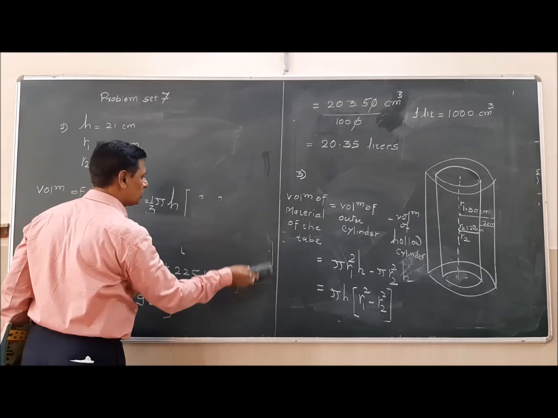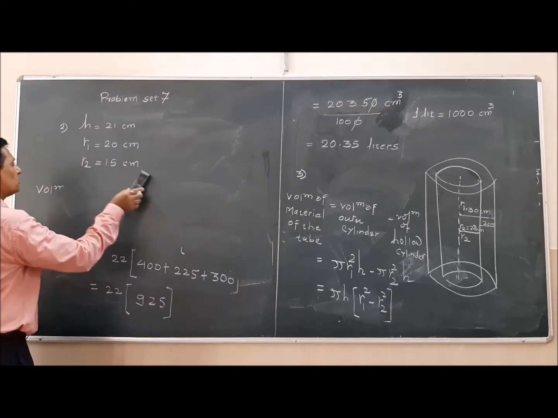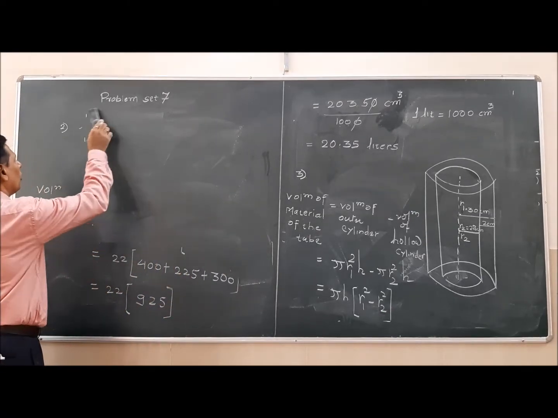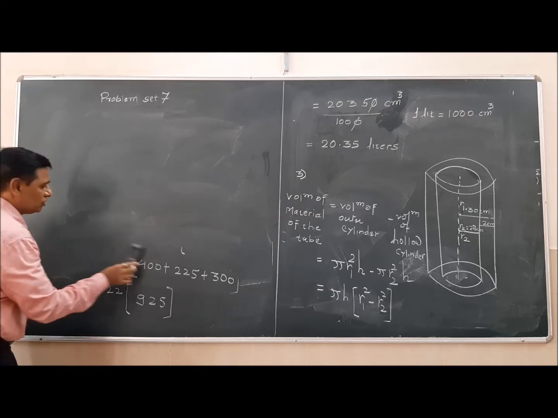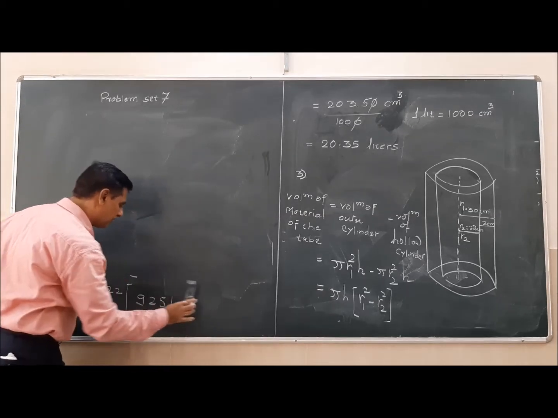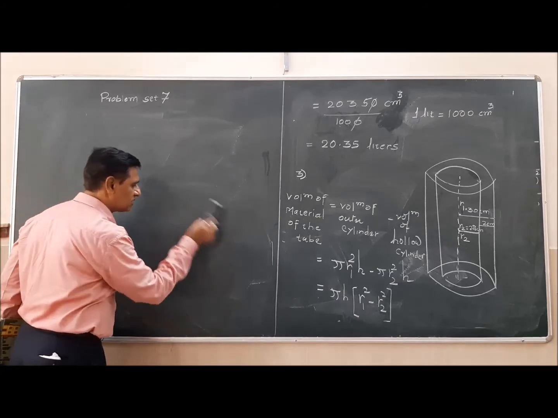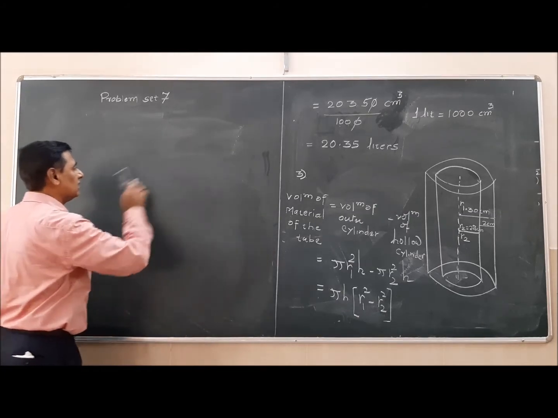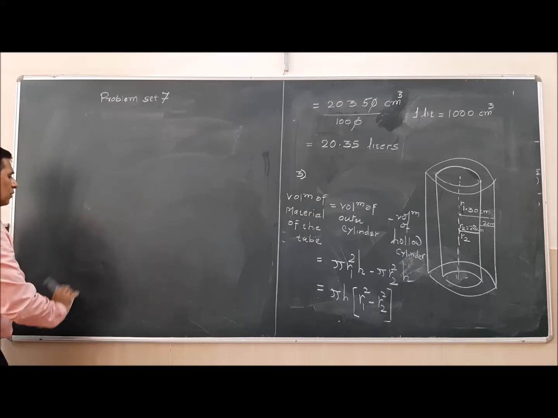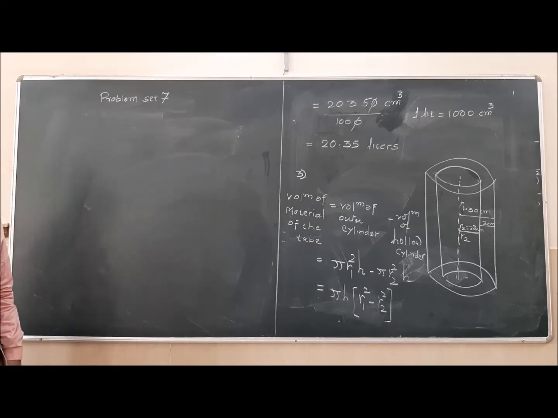I'm not going to substitute the value of pi at all. You are aware that in previous sums also, for such type of sums, pi is going to get cancelled in the last step. So I'm going to keep the pi as it is.